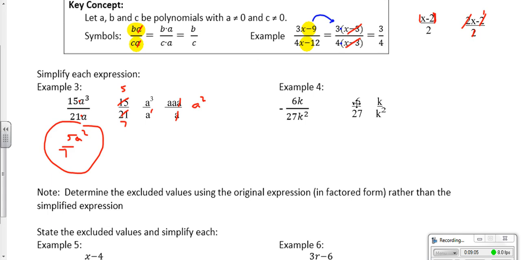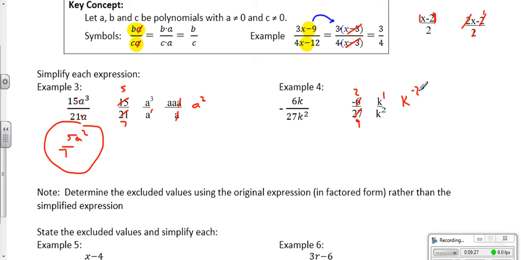So we have this. I'm going to take care of my 6 and 27. Well, I know 3 goes into 6 2 times, 3 goes into 27 9 times, and I have k over k squared. Now again, if you do the rule of exponents, it's 1, the top minus the bottom exponent, so 1 minus 2 is k to the negative 2.